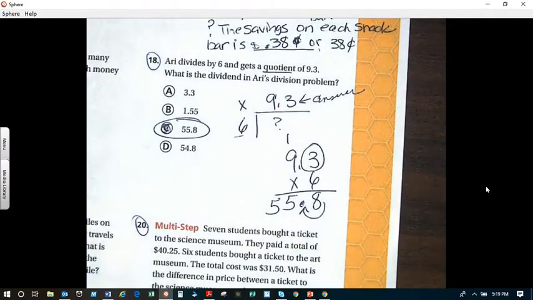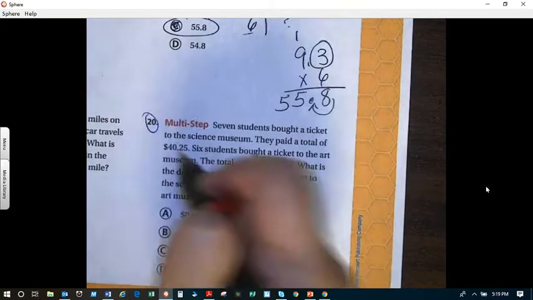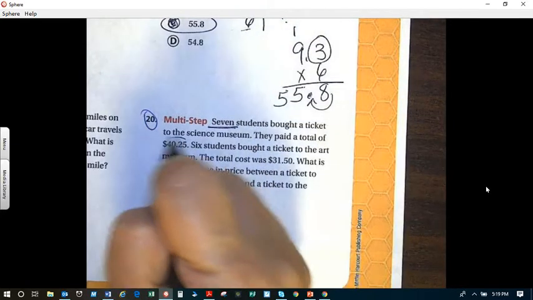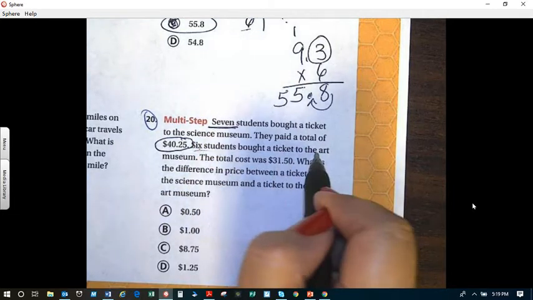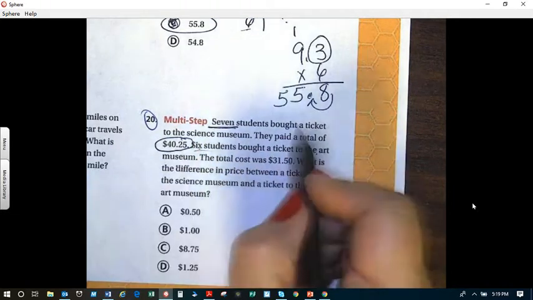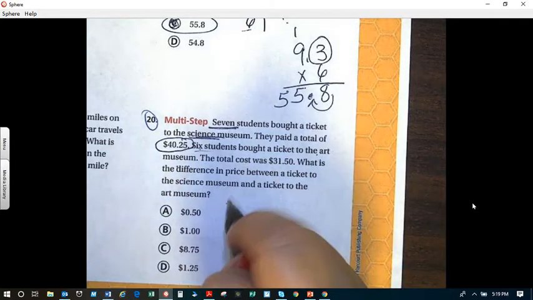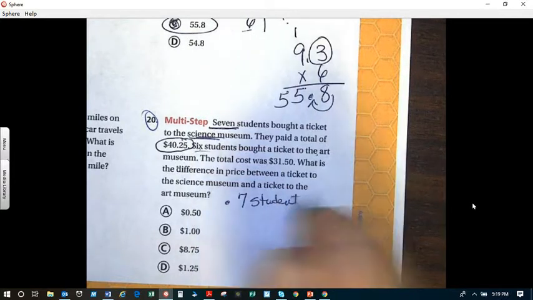All right, let's look at the last problem. 7 students bought a ticket to the Science Museum. They paid a total of $40.25. 6 students bought a ticket to the Art Museum. So I have 7 students who went to the Science Museum.